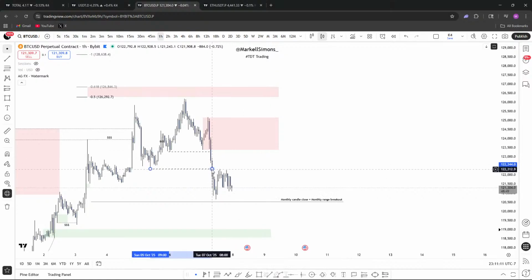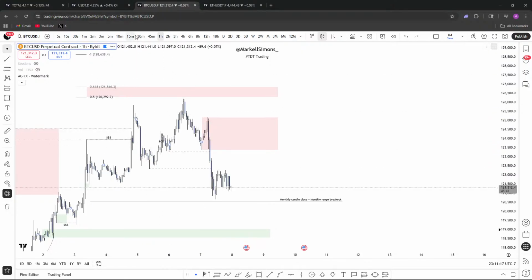So we kind of got to be patient and allow BTC or USDT to give us a clear direction, right?